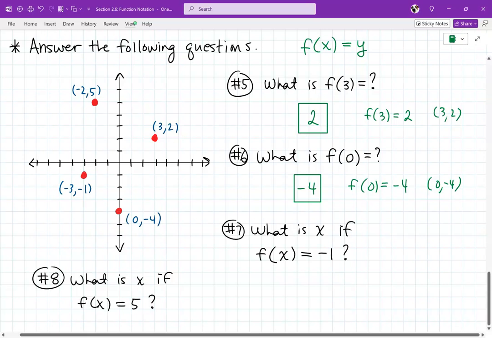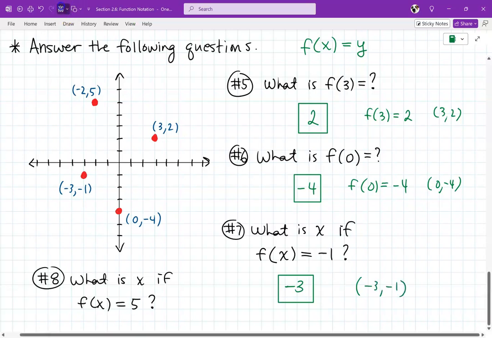Now this next one is the tricky one, but it's not that tricky. They're saying, what is x if f of x is negative 1? Notice they gave me the answer to y. y is negative 1. Which point has a negative 1 for y? The point negative 3, negative 1. So this answer would be negative 3.